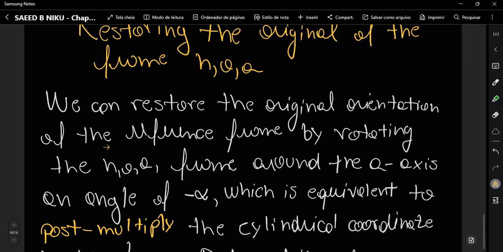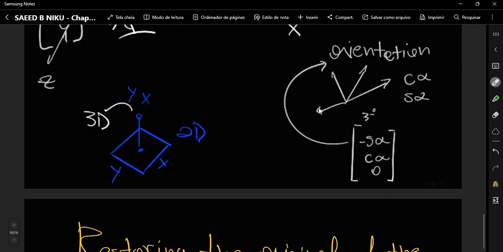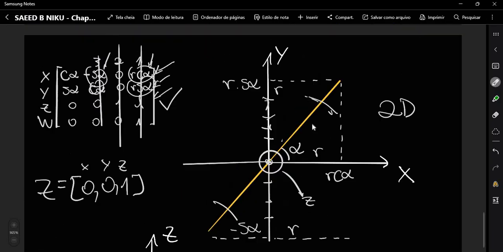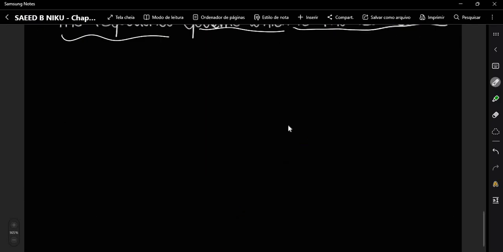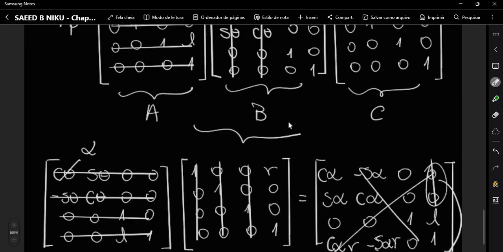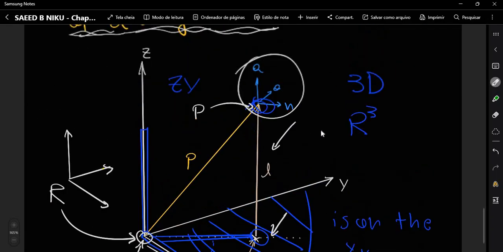So we are rotating. So look at this. We are rotating the NOA frame around the x-axis. So let's take the a-axis and apply a rotation.